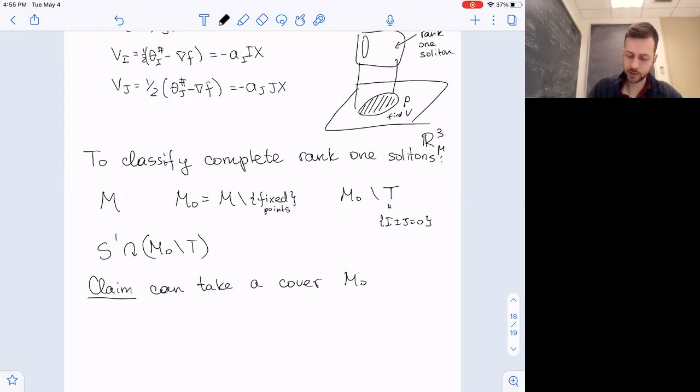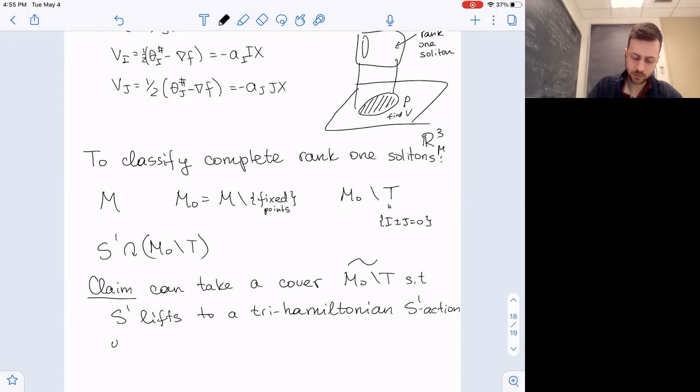It's not the universal cover, it's some partial cover, such that S1 lifts to a tri-Hamiltonian S1 action on this cover.